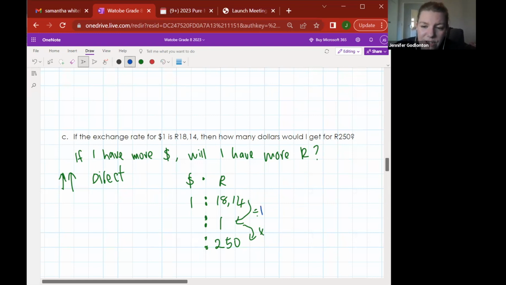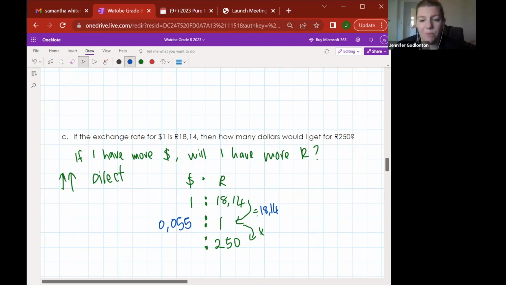Okay, so first we're going to divide by 18,14. So this is going to be 1 over 18,14. I think what a lot of you would have done is you would have gotten a decimal. So I'm going to write 0,055.